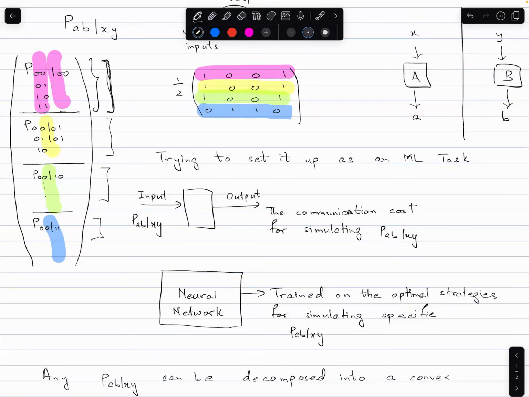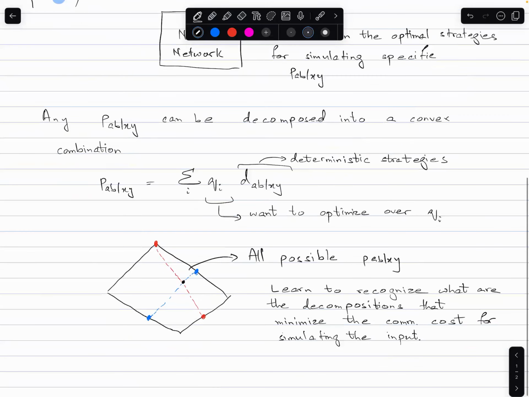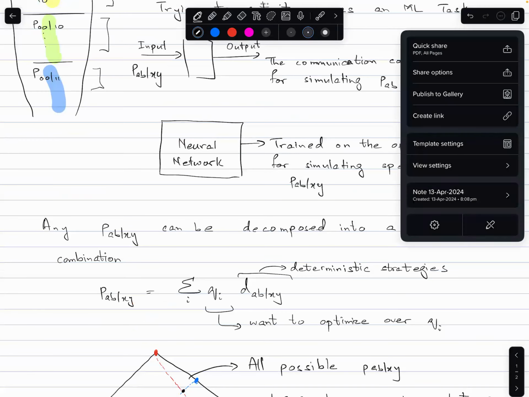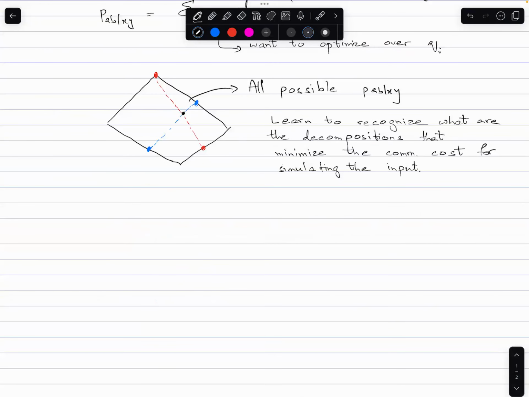So in total, there are 4 to the 4 deterministic strategies for this case.